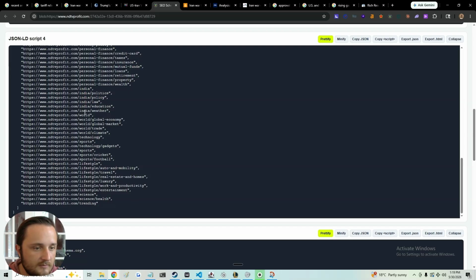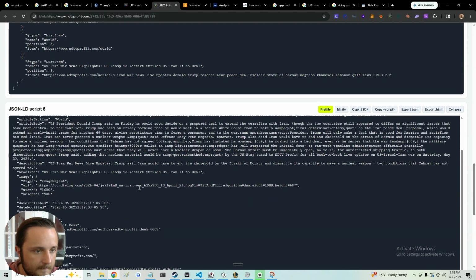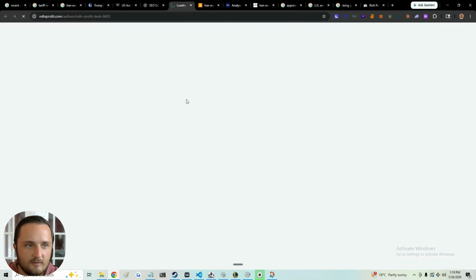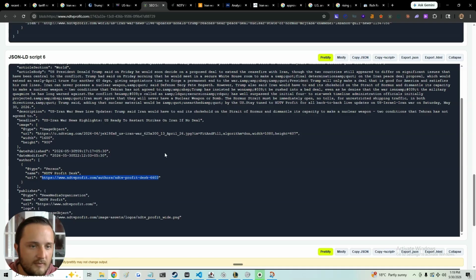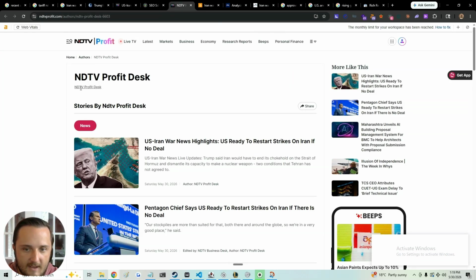Wow, they actually got it built out a little bit. There's the author, person, name, NDTV profit desk. So that's not really a person, which is interesting. We'll go ahead and look at the URL that they linked and see what this actually is. So they have their author card as an entire desk.